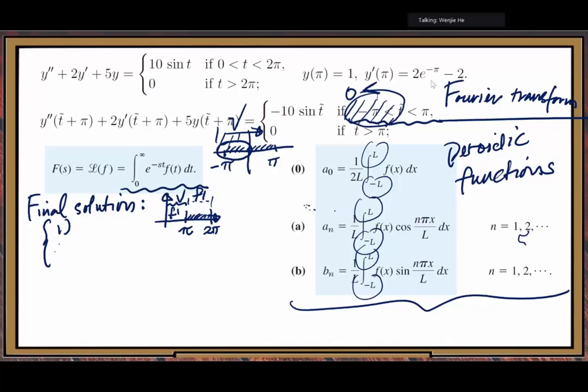Method 2. Still, this missing half. For this portion F1, this part was simply set to 0. That is not right, right?